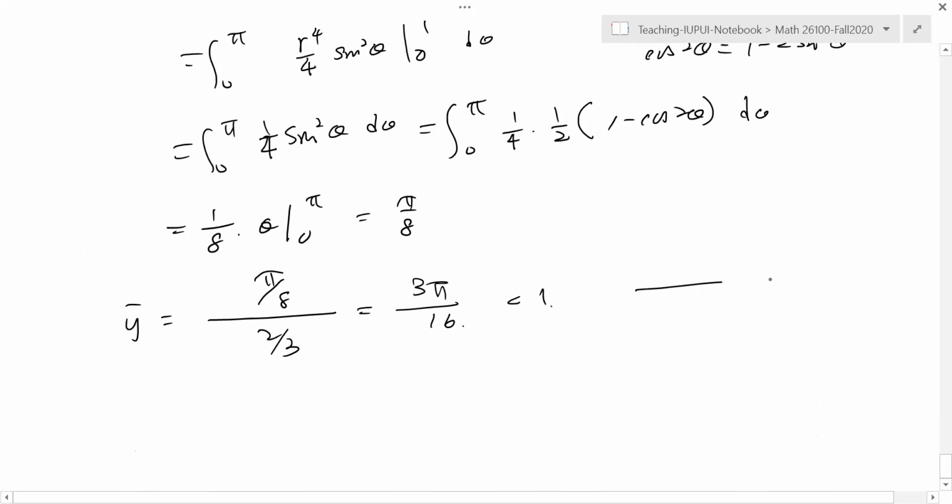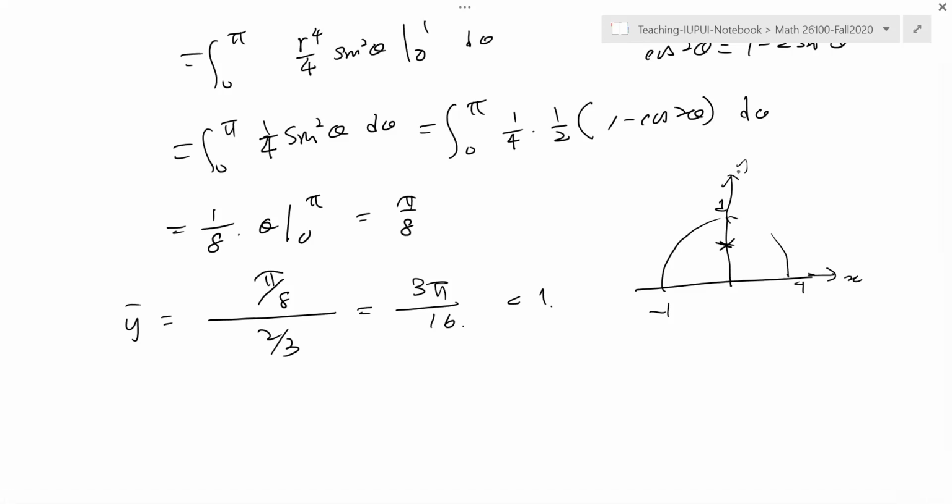The reason is this is a circle, so the center must be somewhere here, and this is 1, this is negative 1. And it's indeed smaller than 1 because pi is 3.14, and 3 times 3.14 is less than 10, so 10 over 16 is less than 1. So that should be correct.